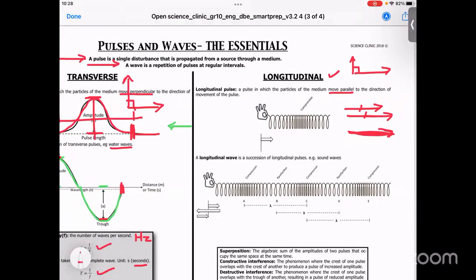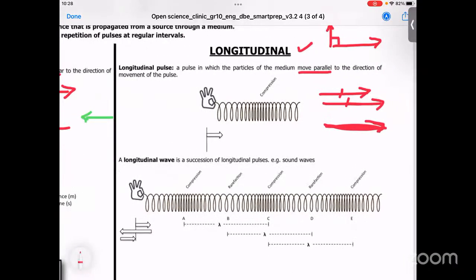The longitudinal one doesn't have too many stories. Everything is straightforward. We can see the section where things are highly compressed, that is the compression, followed by the rarefaction, and then compression, rarefaction. That would be a longitudinal pulse. A longitudinal wave is a succession of longitudinal pulses. For example, in real life, we can talk about a sound wave.